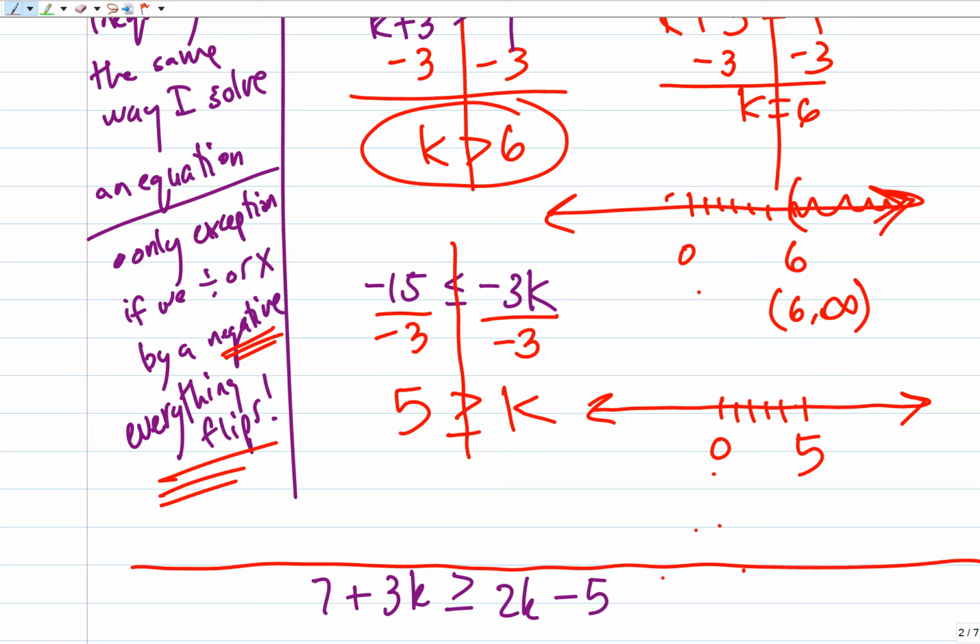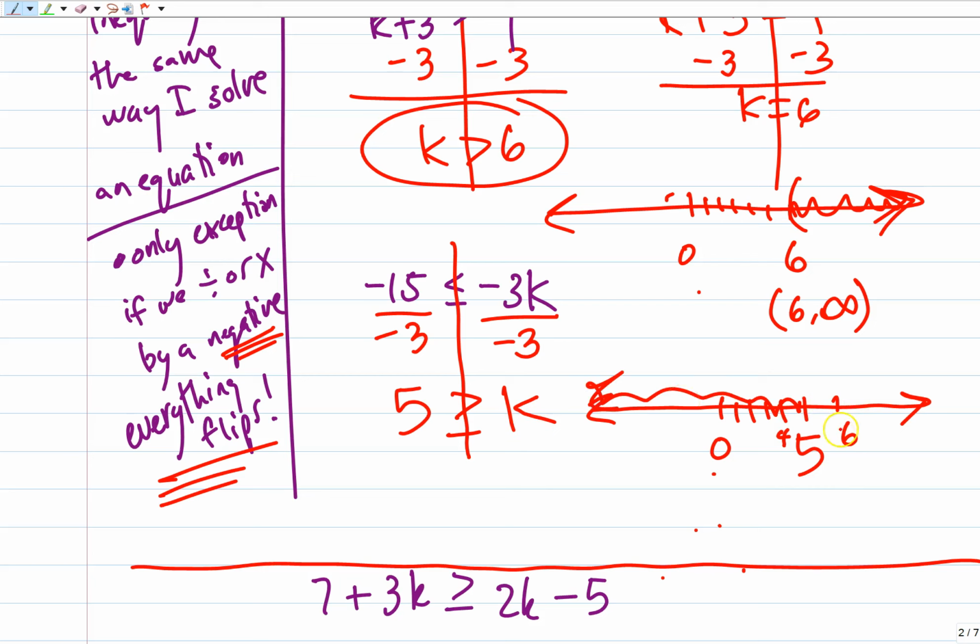So what would be the direction we would shade? Right? And then I know I got some of you gun shy again. Just check a number on each side. Would 4 be true in here? Is 5 greater than or equal to 4? It is, isn't it? Then that's the way I shade.